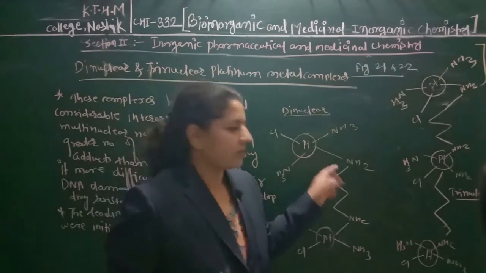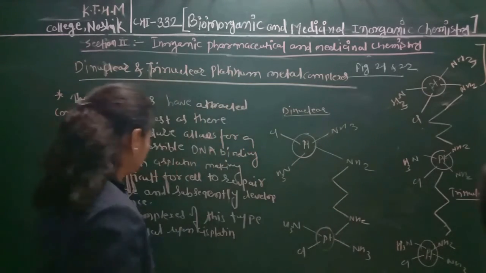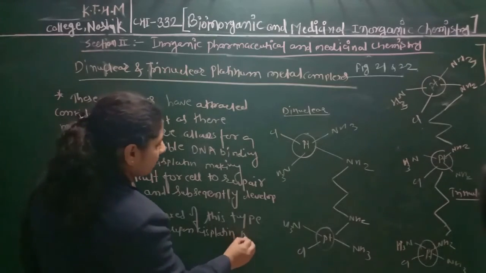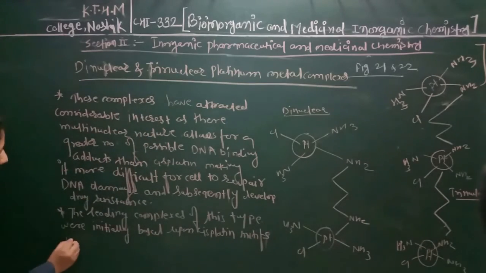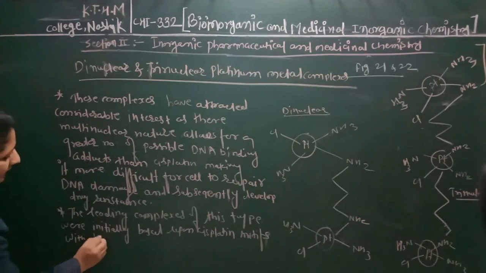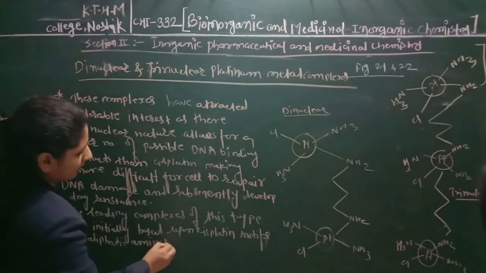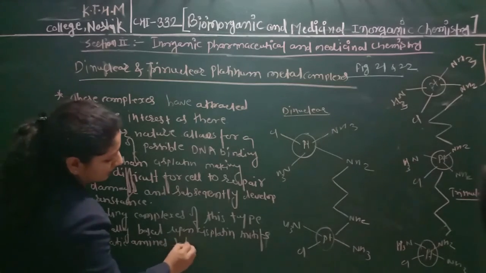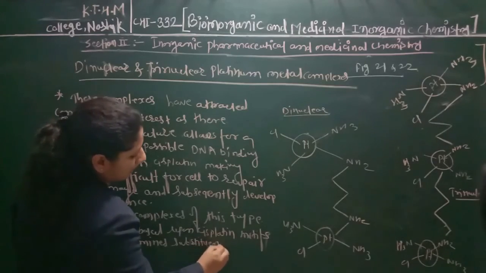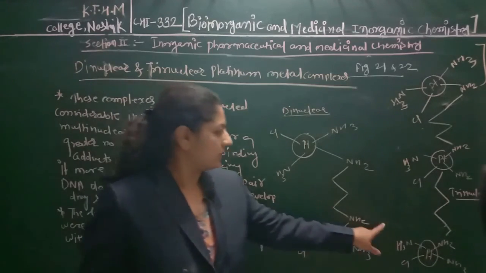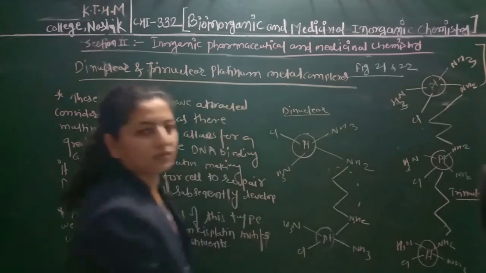This is the actual structure of single cisplatin, and it will be joined by aromatic amines, cisplatin motifs with aliphatic amine substituents. So these are all the aliphatic amine substituents. This portion is an aliphatic amine substituent portion.